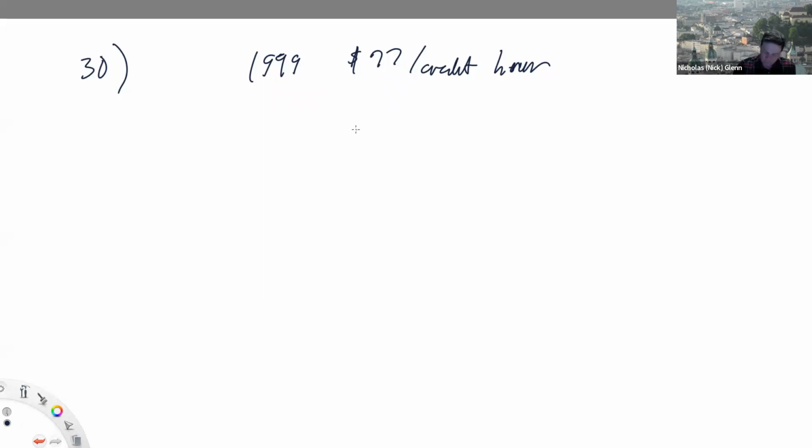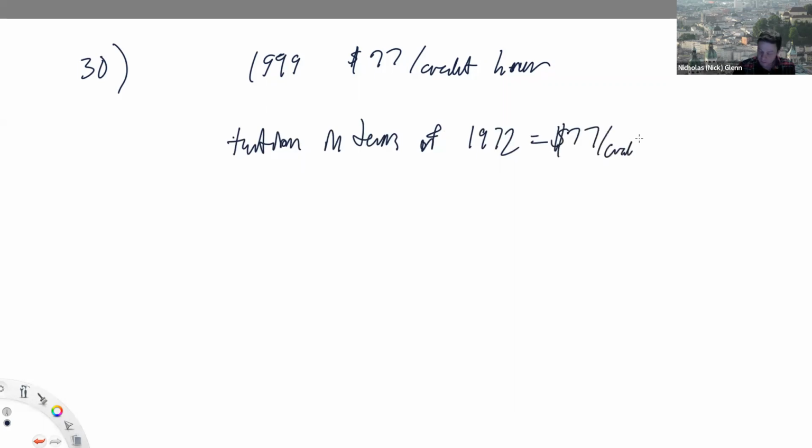And then we get to see what kind of change it was. So we want to get the tuition in terms of 1972. We're looking at the 1999 tuition, what it actually cost, $77 per credit hour. Now, how do we want to correct this?